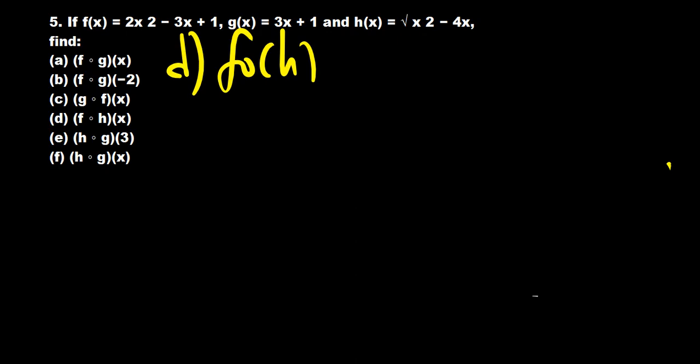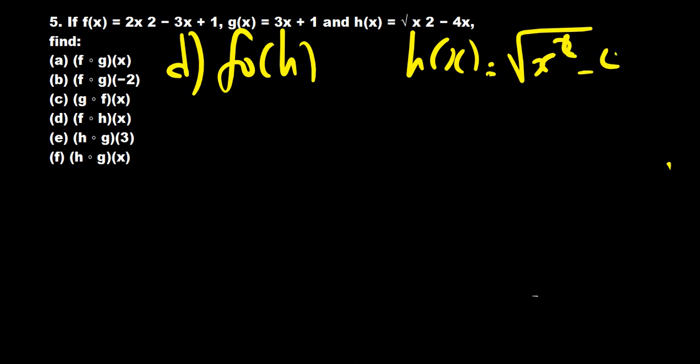Our h of x is the square root of x squared minus 4x, and now we want to insert this into our f of x. So what are we going to have? Let me use a different color.